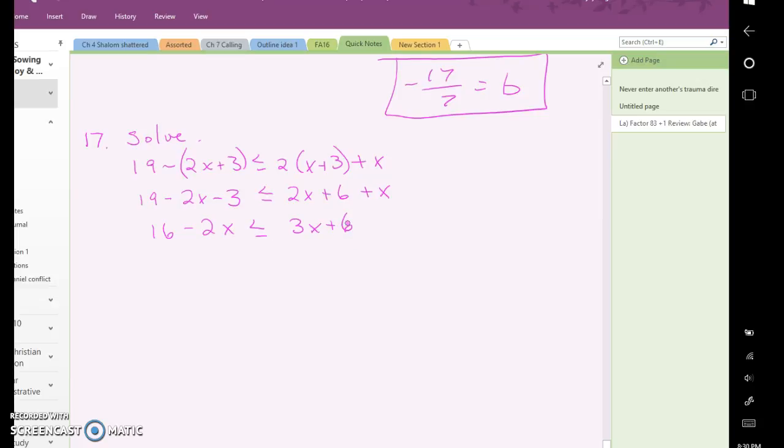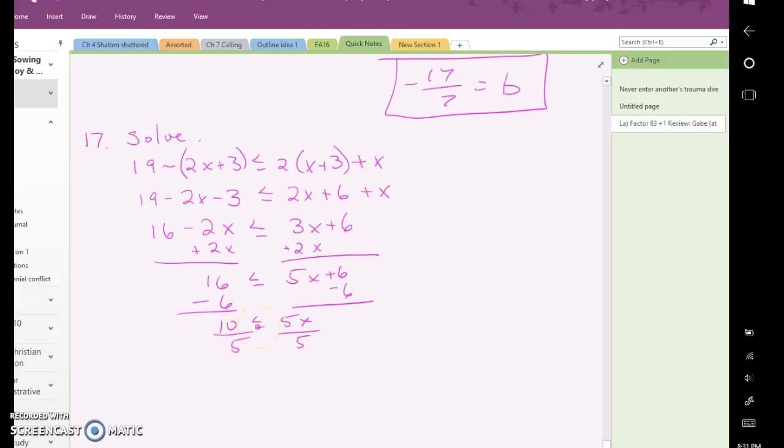And then we are going to get the x's on one side by adding 2x. And subtracting 6. And then dividing by 5.